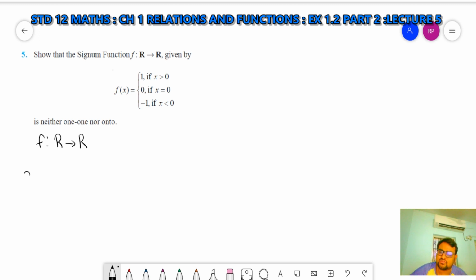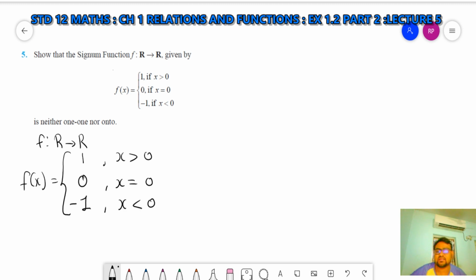This is the signum function. So this will have only three values: 1 if x is greater than 0, 0 if x is equal to 0, and minus 1 if x is less than 0.